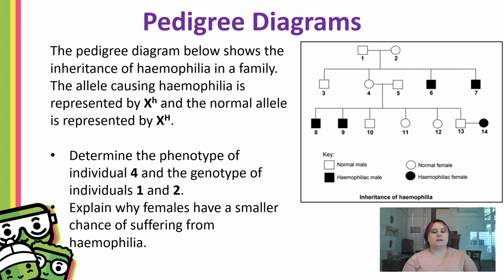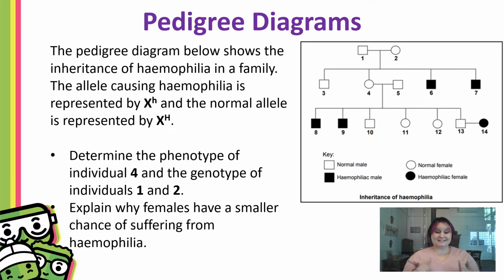All right, now what else are we told in the question? Well, we're told that the pedigree diagram shows the inheritance of hemophilia in a family, and the allele causing hemophilia is represented by capital X with a small letter h in superscript above that. And the normal allele is represented by capital X, capital letter H in superscript above that.